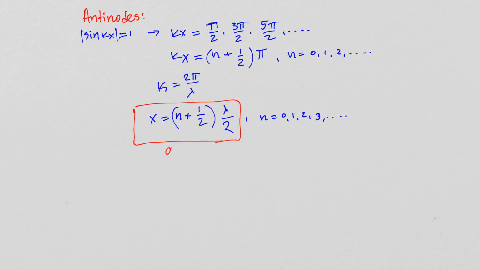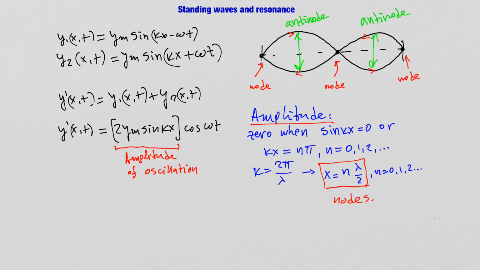So if you have a standing wave and you need to calculate the positions of the antinodes, you would use this relationship. And if you need to calculate the position of the nodes, you would use this relationship.